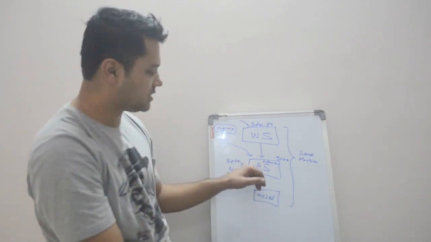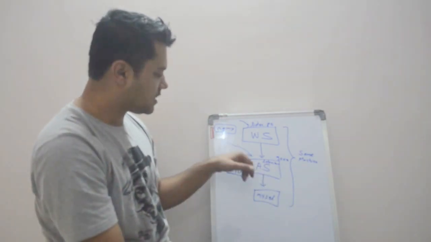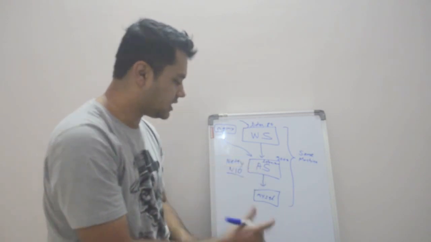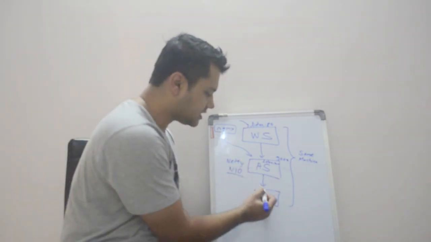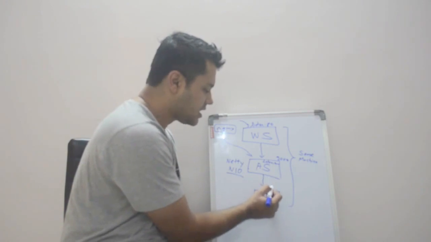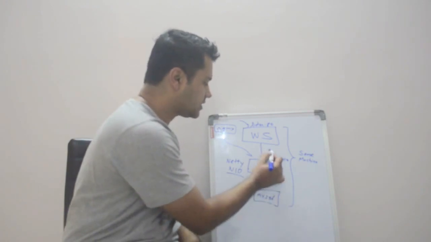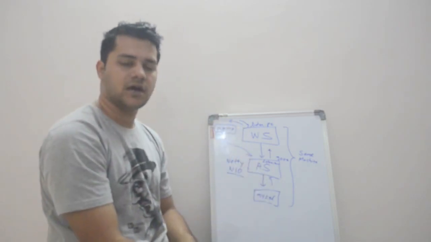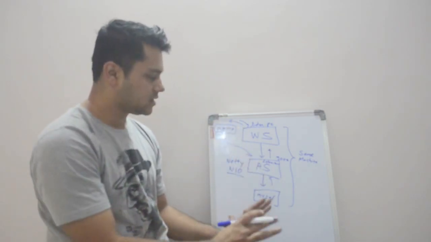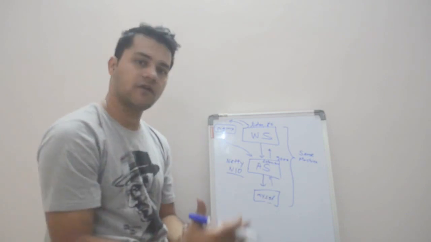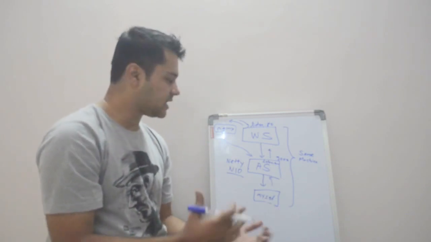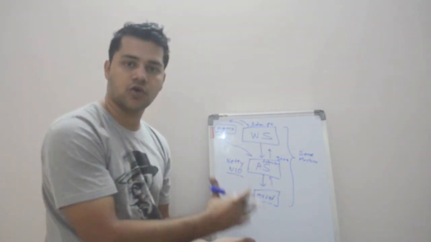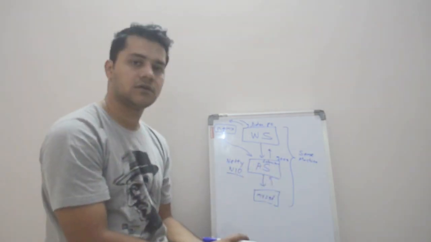Based on the request, my Java code will do some computation, and if we need to save some data or read some data from MySQL, I'll read it, give the response back, and from here it will give the response back to the application. So this is the basic thing from which I started. In the next videos, I will explain how this particular thing starts growing into more complex stuff. Thank you.